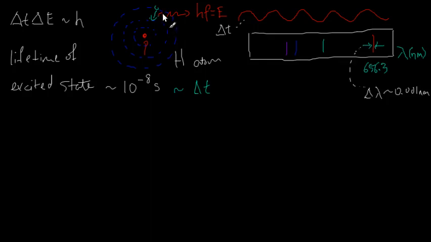Now it's a bit difficult to imagine the mechanism, how exactly it produces a wave like that as it comes down. So we are not going to worry about that. We just know that there is a certain width, a certain range of wavelength that has been observed in the spectrum, and we reason that it must be due to a finite duration of the wave itself.